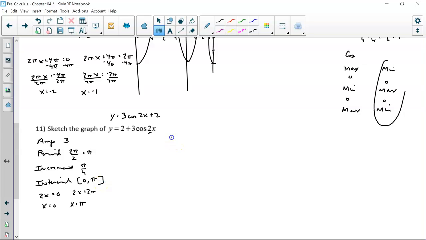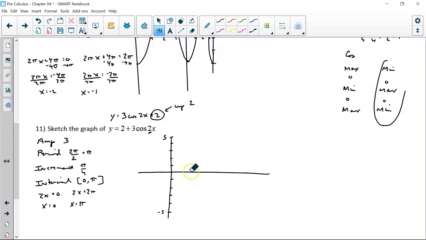So now, sketching. I know for my y-axis, I need to go at least to 5 because I have my amplitude. And now this 2 tells us at the end we're going to go up 2. So for my y, I'm going to go from -5 to 5.